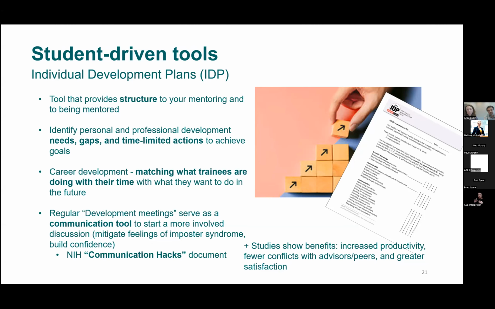There are many different versions and varieties that you can do. I think the primary benefit is that it's a structure. It provides some additional structure to your mentoring, and also for the trainee who's being mentored, it provides that additional structure in receiving mentorship.